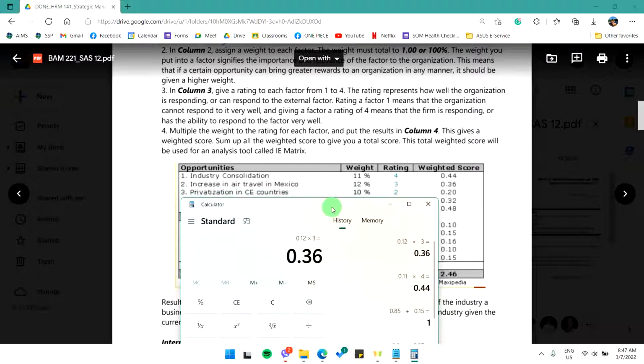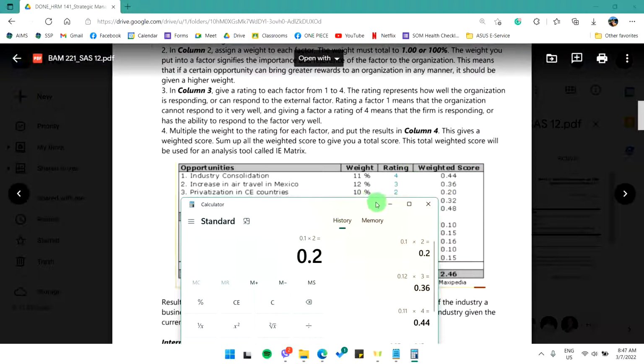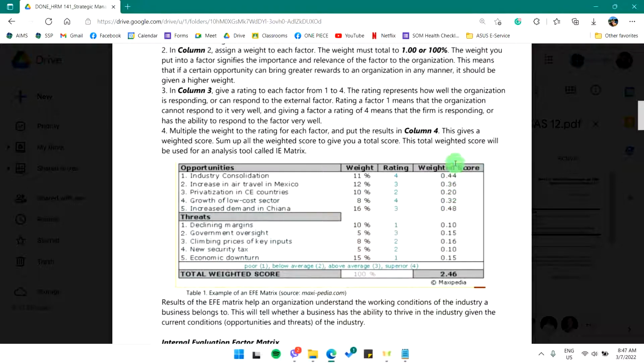Try natin sa next. Privatization in CE countries. Let's move the decimal point from here to the left. That's 1, 2. So, meaning 0.1 or 0.10, ganyan. Times 2. 0.20. So, ganun po yung pag-come up natin ng weighted scores natin.